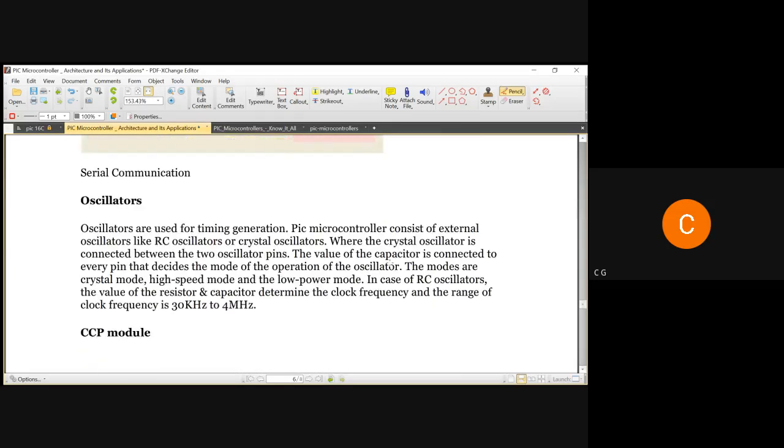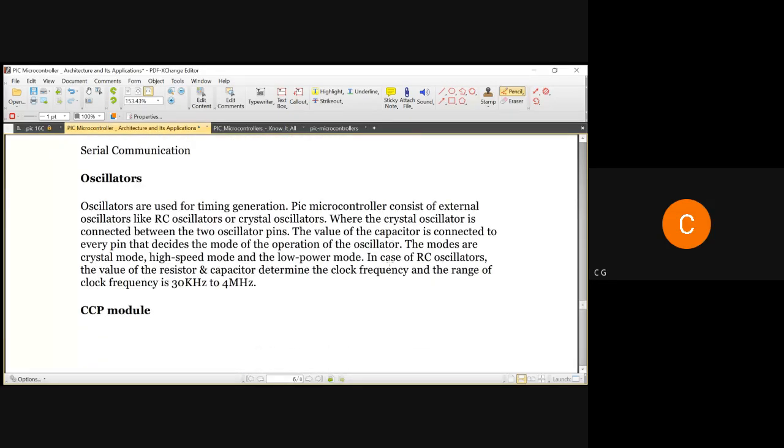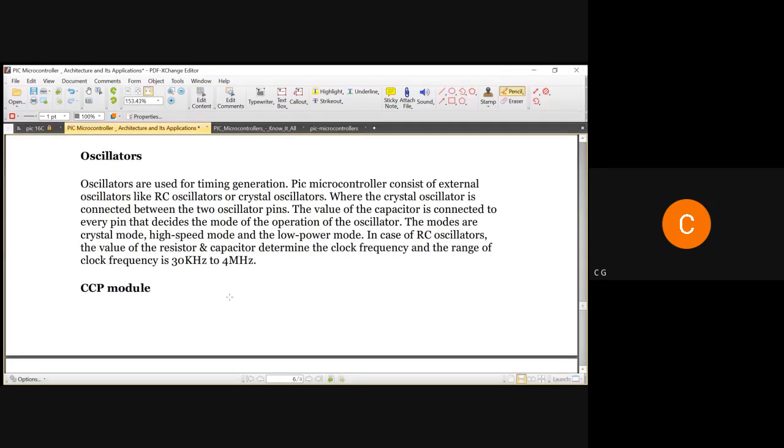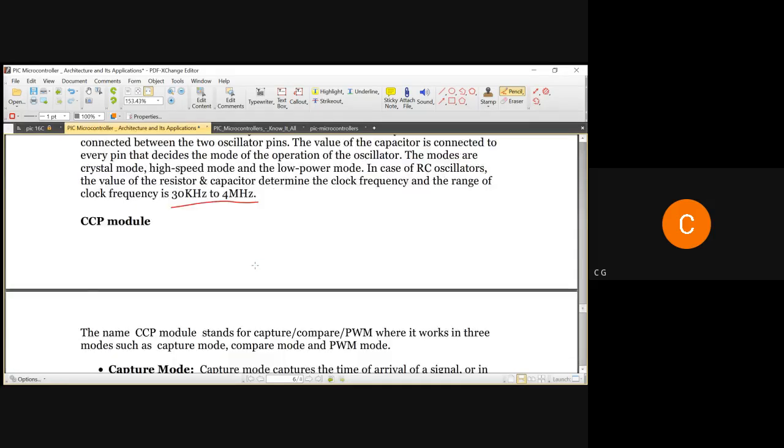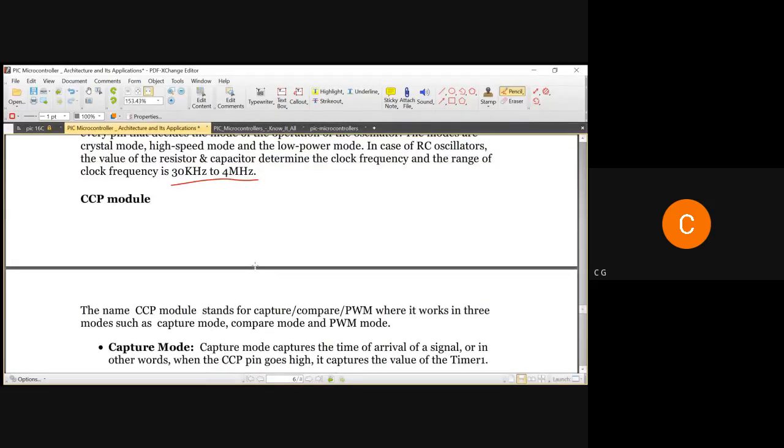Oscillators. We have a clock frequency from 30 kilohertz to 4 megahertz for a particular PIC microcontroller, or higher also. The frequency is controlled by the capacitor which is connected to this oscillator.